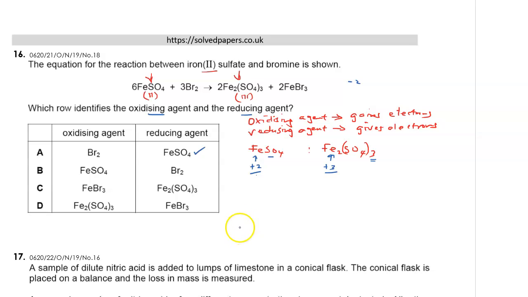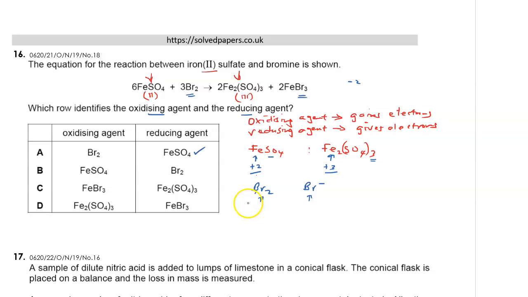Now what has happened to bromine? Bromine, this one here, has been changed to bromide. Bromide is with a negative charge. So bromine has gained an electron to be changed to a bromide.